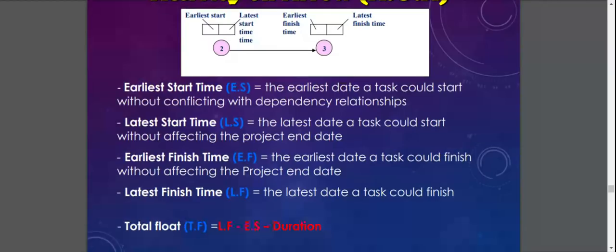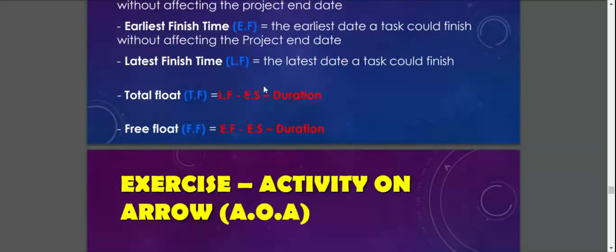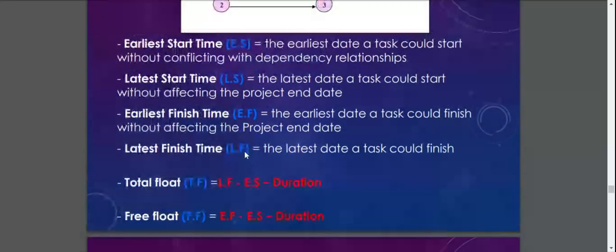And when you are calculating the total float, there are two formulas that you have to remember. The formula for total float is LF minus ES, latest finish minus earliest start, minus duration.